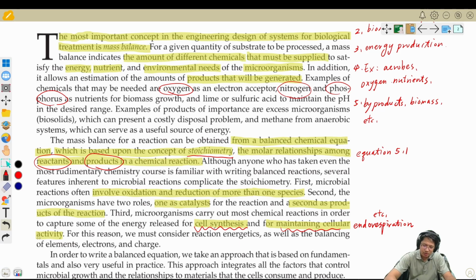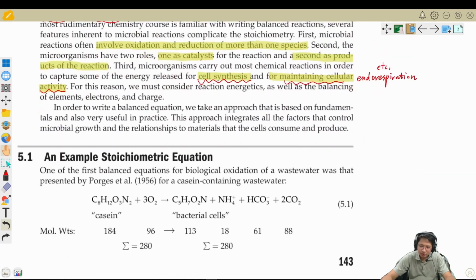For example, as we can see in equation 5.1, there is a very simple and basic balanced chemical reaction between casein, a protein substance from digestion, and the bacterial cell synthesis.